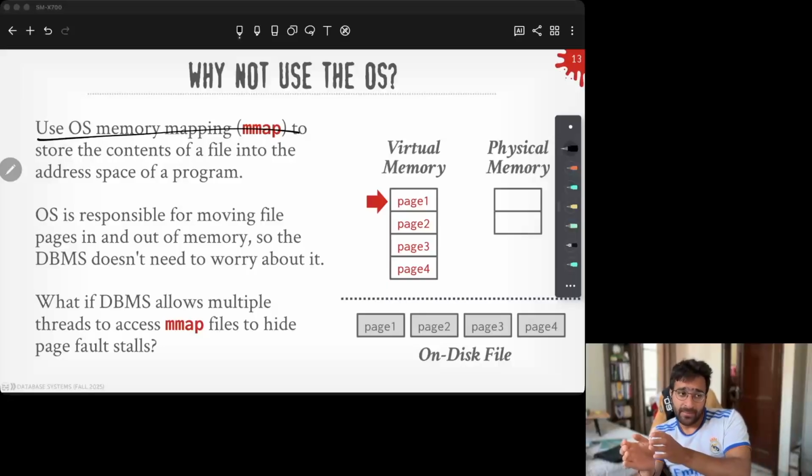Let's compare it to mmap. What mmap does is when my thread is requesting a page and it's not in memory, my operating system will never tell me that it's page faulting. It will page fault, but on a kernel level. It will go and fetch the page from the disk, but my process will never know that my CPU is page faulting and I might need to switch.